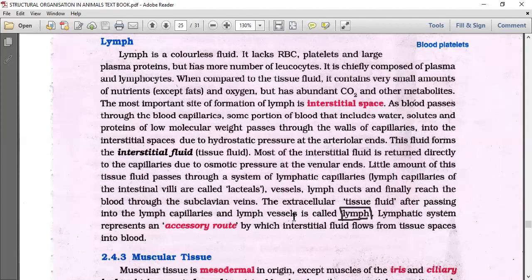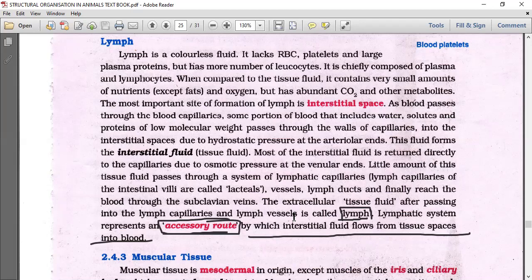The lymphatic system represents an accessory route by which interstitial fluid flows from the tissue spaces into blood. Accessory route, I used the word mini bus, an additional route you can say.